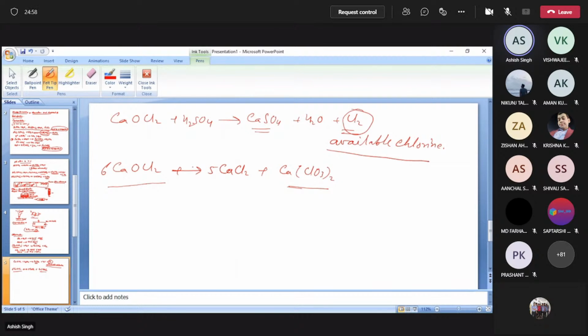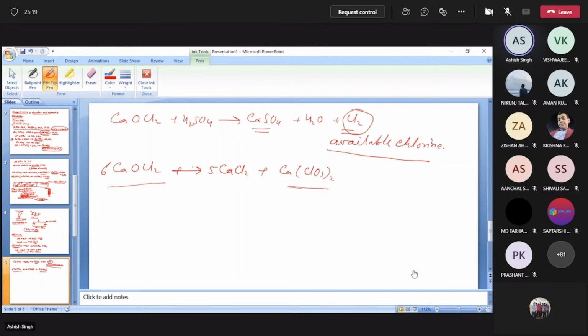Forms of chlorination: plain chlorination, pre-chlorination, post-chlorination, double chlorination, super-chlorination, breakpoint chlorination, and dechlorination. These are the different forms of chlorination.